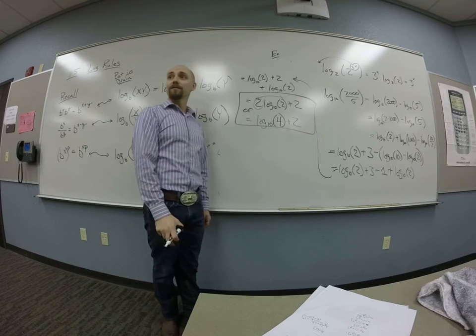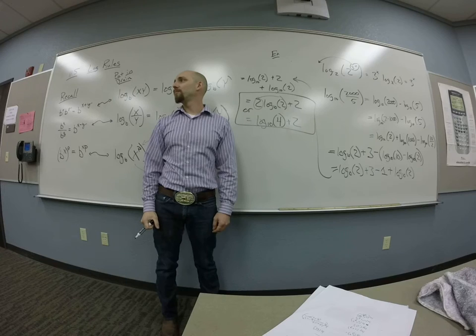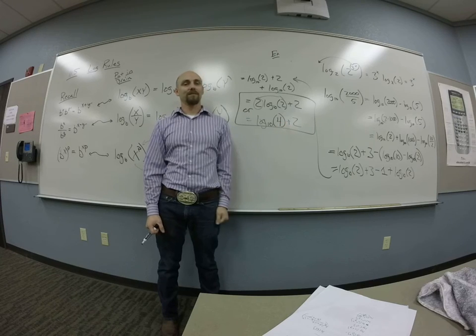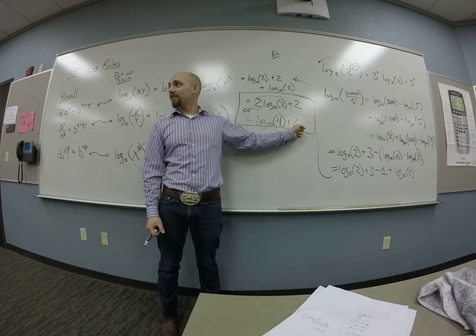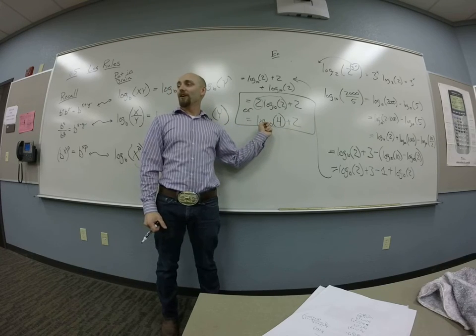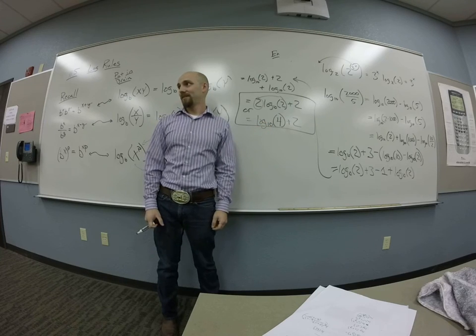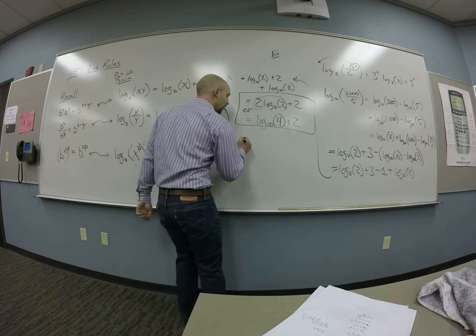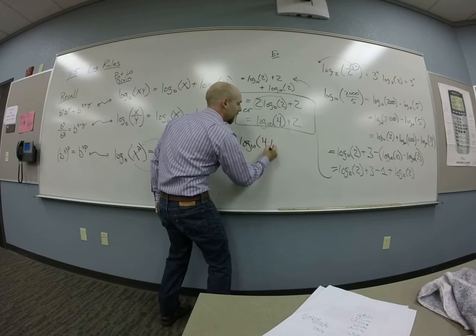If you divided the 5 into the 2000 first, you were looking at log base 10 of 400, you would get to this one. You'd get the log base 10 of 100, that's 2, added to the log base 10 of 4. You kind of see that? If we had done that the other way, we'd get log base 10 of 4 times 100, right?